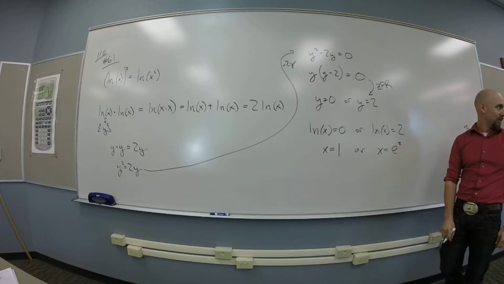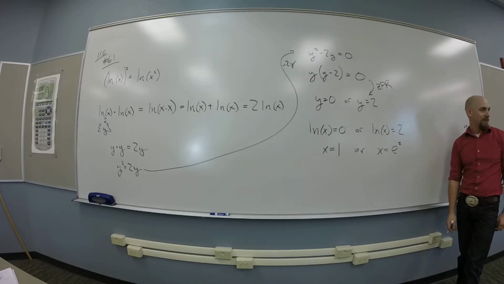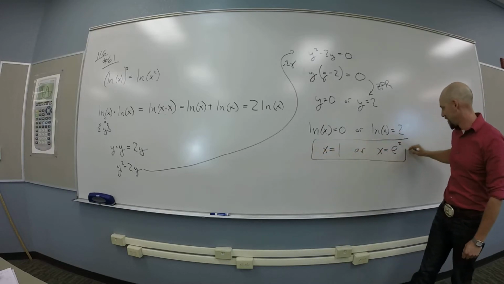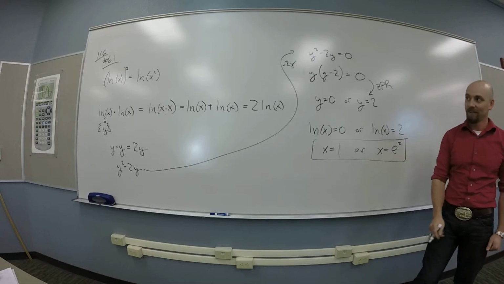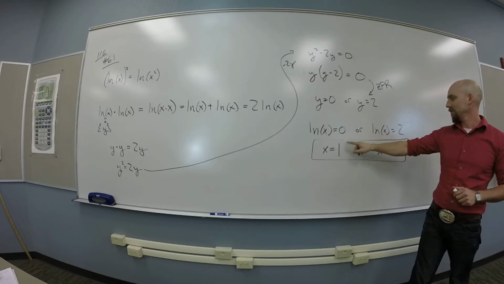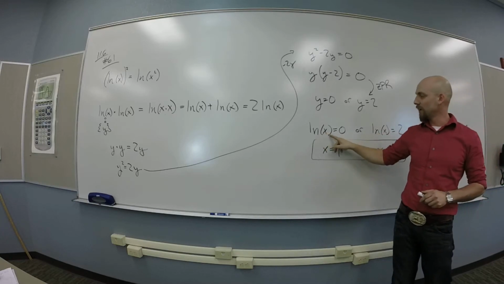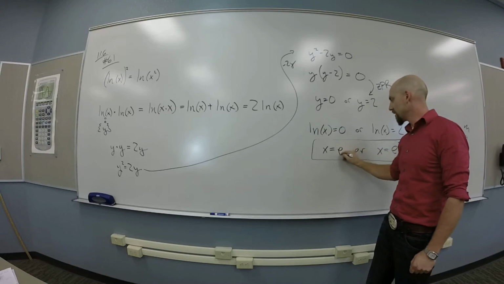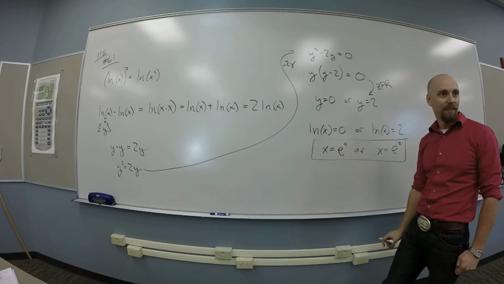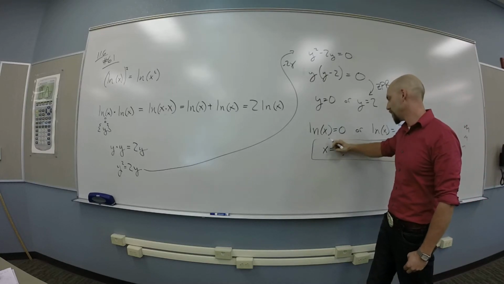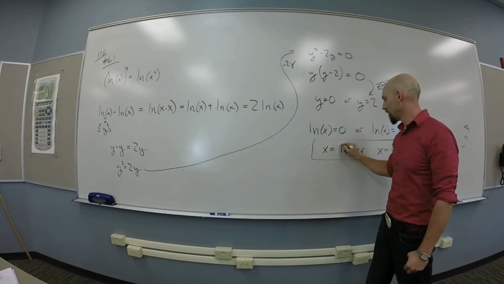You guys see that? This problem is super hard. Wait, so how did you get from log x equals 0 to x equals 1? If log of x is 0, that means x is e to the 0, and anything to the 0 that's not 0 is 1.